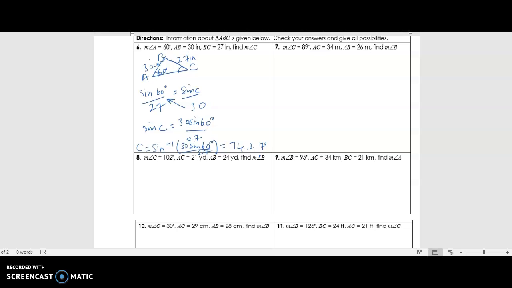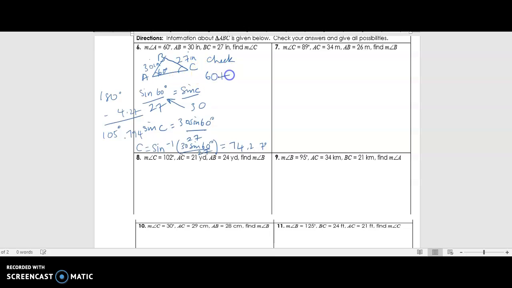So remember from what we learned above, to find the other possible angle, we must subtract from 180 degrees. So we have to subtract 180 degrees minus 74.207, which happens to be 105 degrees 0.794. So what we first need to do is check if there is a possibility of two obtuse angles here.